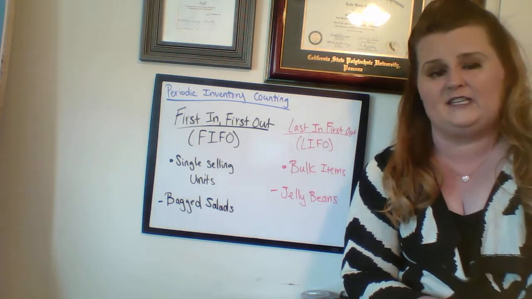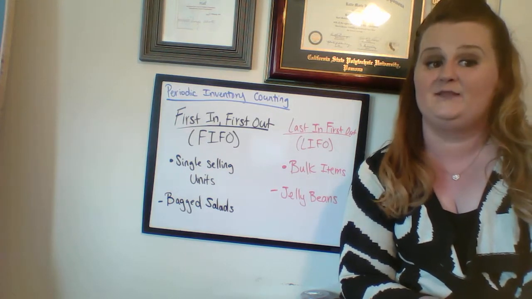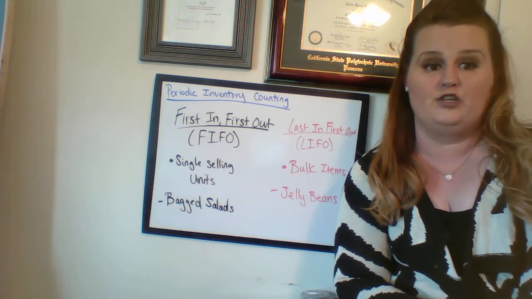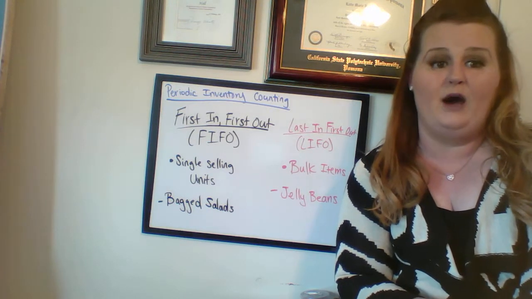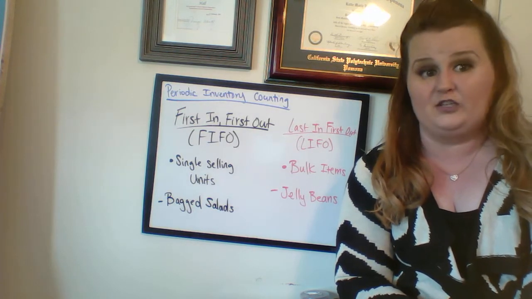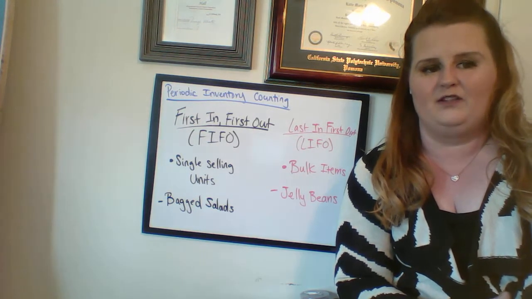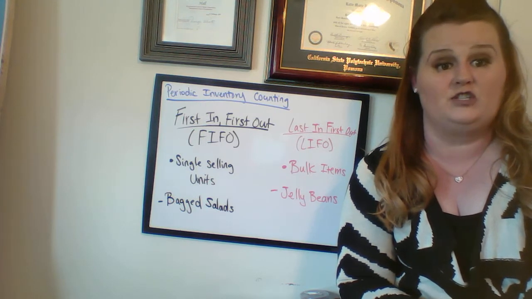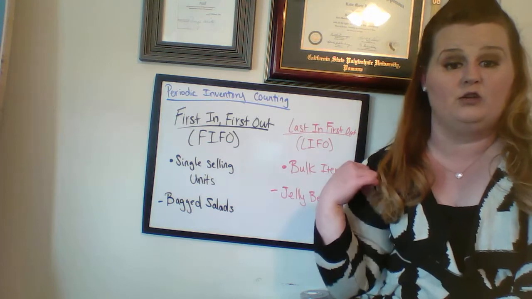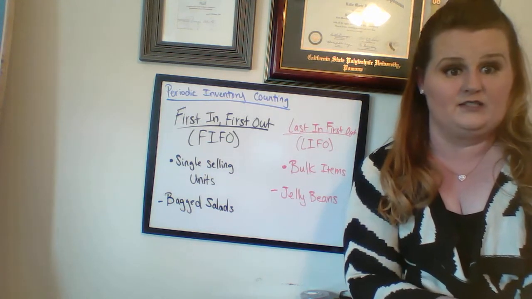In this case, I'm going to use the example of jelly beans because I like jelly beans. Most of you as children used to go to your neighborhood candy store and buy your favorite flavors of Jelly Bellies, right? Jelly beans are one of the biggest items that draw children. So most of these candy stores would be utilizing their LIFO skills.